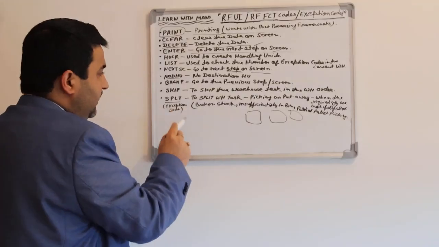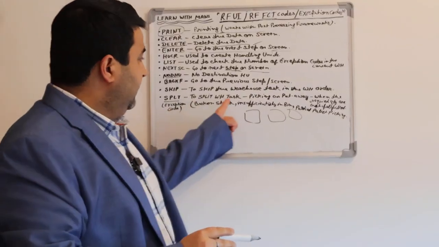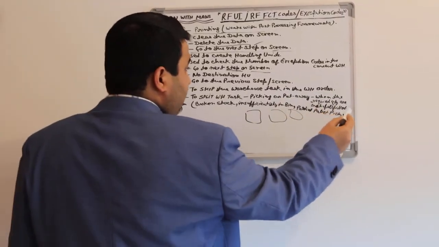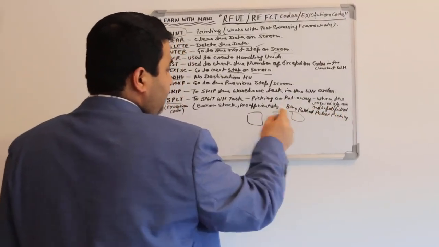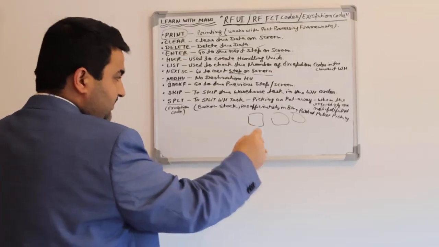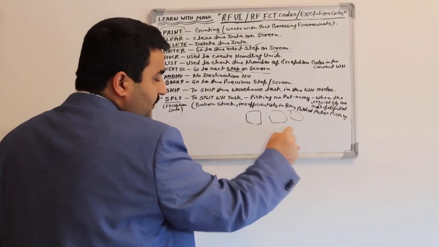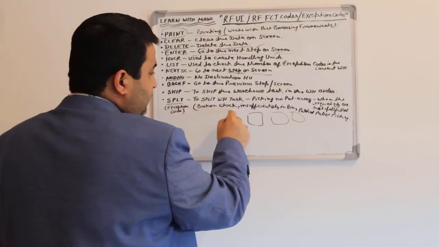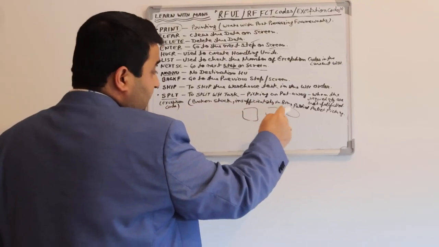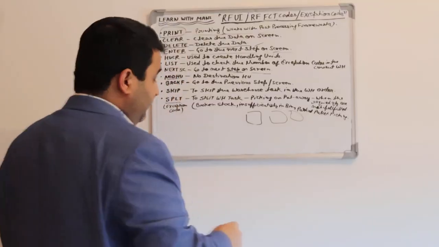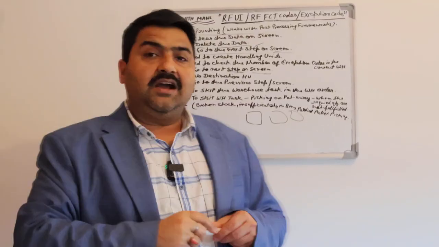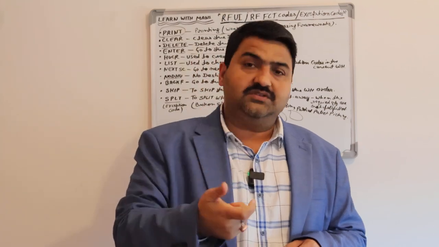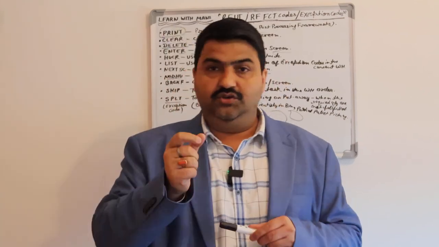SPLT, an exception code, splits the warehouse task. Why? In picking or putaway, when the required quantity is not fulfilled, we may skip the current warehouse task, for example with broken stock, insufficient quantity in the bin, or partial pallet picking. At that time this SPLT exception code helps the warehouse users.